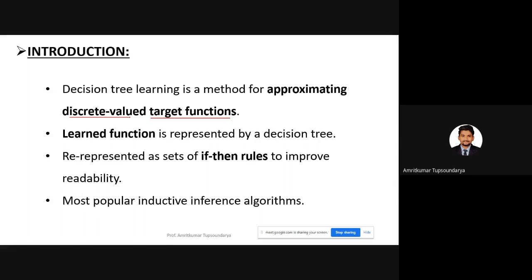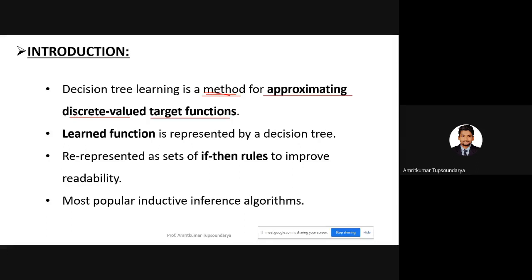A discrete value is a simple Boolean classification, as we discussed, a yes or no. The decision tree learning algorithm is a method used for approximating these discrete values. We will see it with an example, but let us first understand the different aspects of decision tree learning.